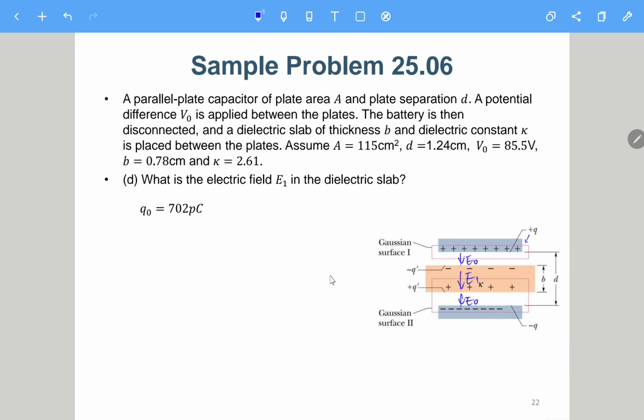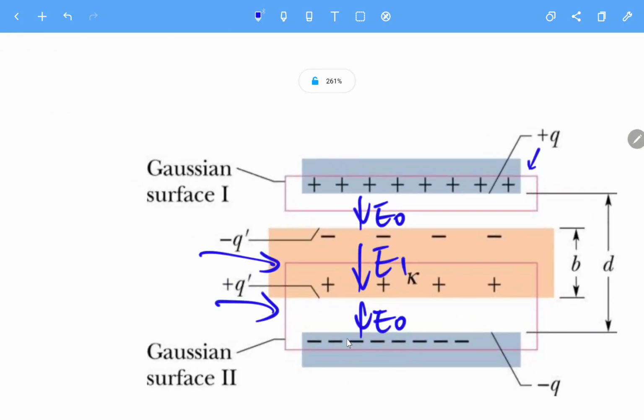So here we apply Gauss law for Gaussian surface 2. But this is not the original Gauss law, because the surface contributing to the net flux is inside the dielectric, which means that we need to consider the kappa here. So we have kappa E dot dA equals Q enclosed. The Q enclosed is this one.